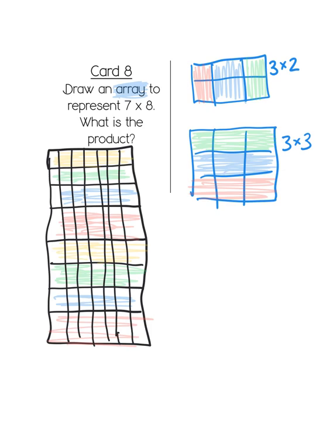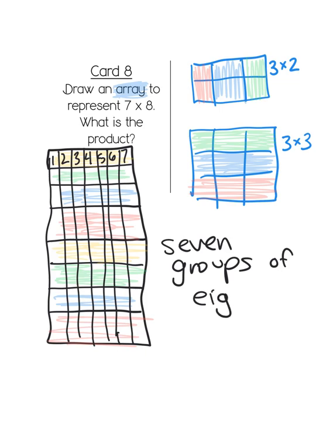Okay, let's see if that worked. 1, 2, 3, 4, 5, 6, 7. Okay, so this is an array that represents 7 groups of 8. 7 groups of 8.